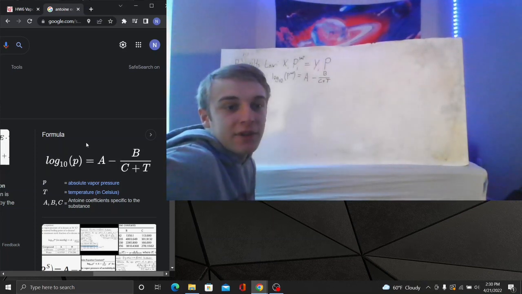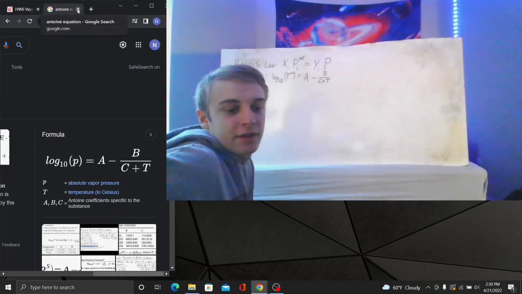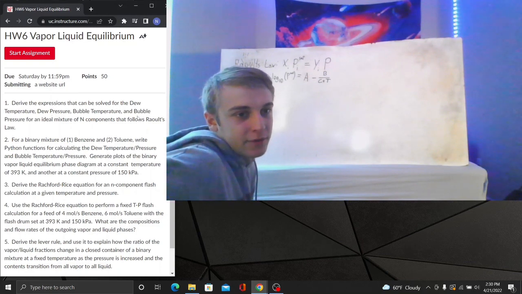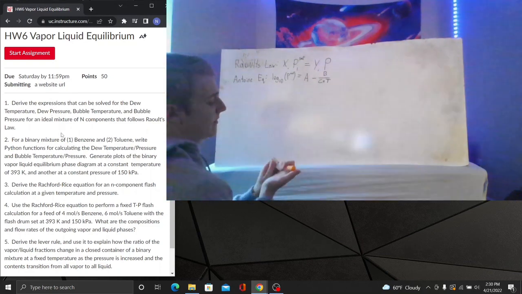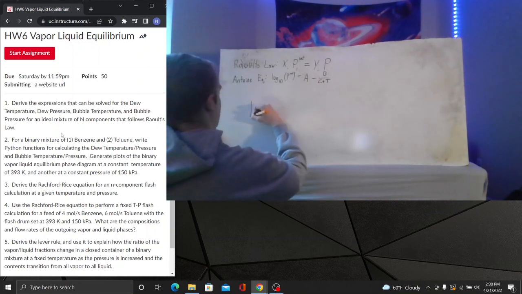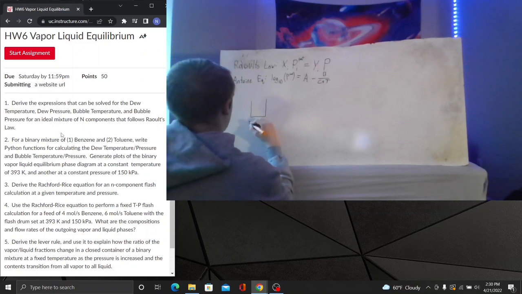And then one more thing that is actually going to be useful for us for calculating the bubble pressure is I'm going to make this little diagram. So we're going to have a container of 30% benzene and 70% toluene.